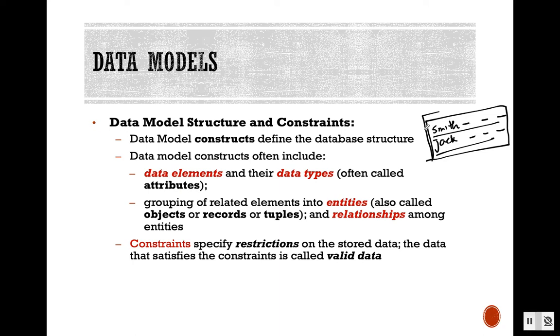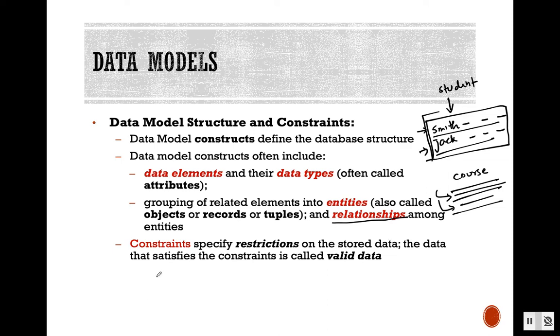Each of the related records is known as a record or tuple. We can also have different types of entities. For example, this is an entity of student type, and we can have an entity of course type, where we store all the course records. The data model also shows us the relationship among entities.